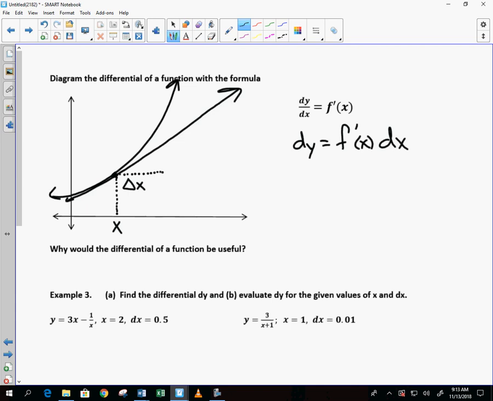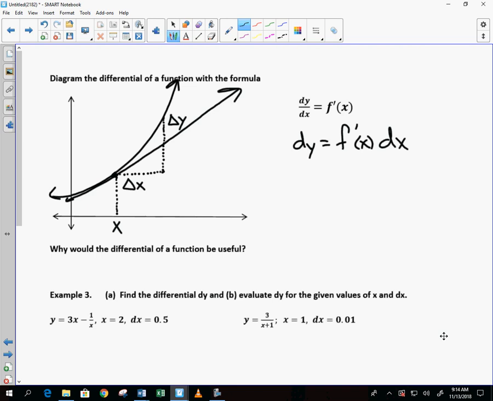We call that delta x. Delta is a capital letter for D in Greek, okay? There's also a delta y, and that represents the change in the y value. So everybody okay with that?